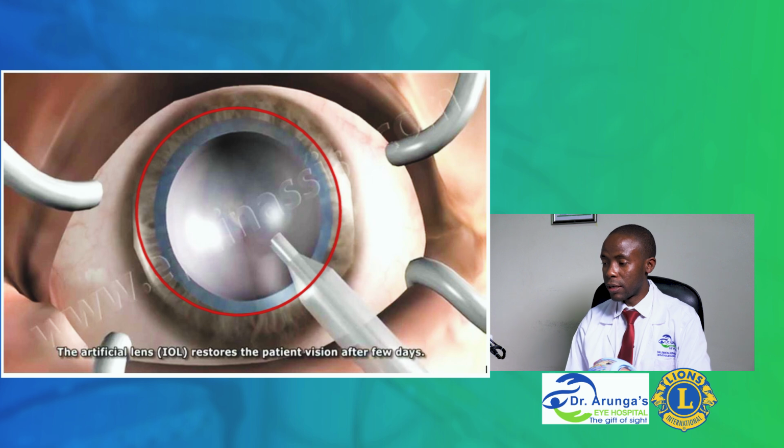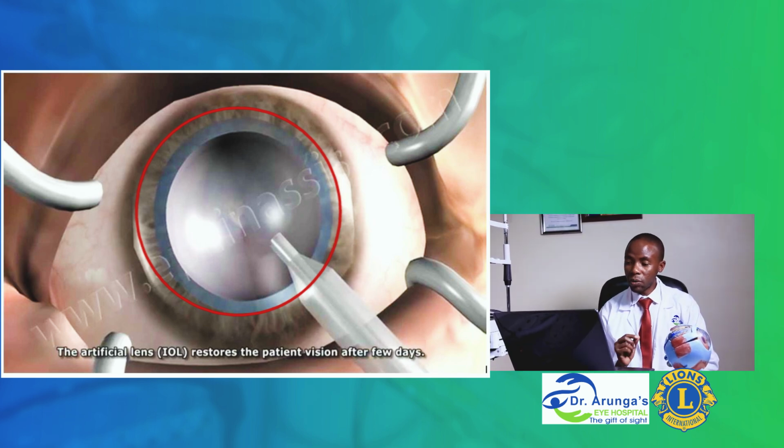The doctor has used the probe, which has gone in and sucked out the cataract using vacuum. And now, through the same small hole, the doctor has injected a brand new lens. So the patient who has received this computerized surgery will heal faster and go back to work faster than the one who has received the manual surgery.